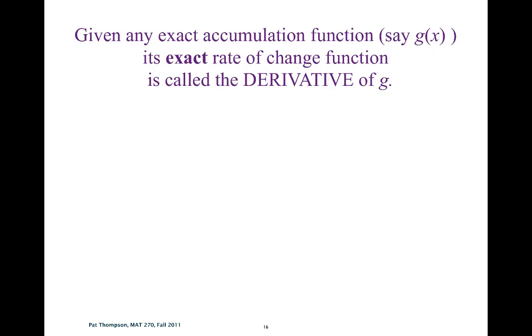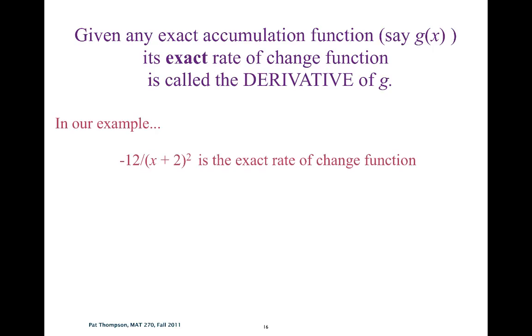Why? Because we derived it from g: g of x plus h minus g of x over h, right? But rate of change function is more telling, because it tells us what it is. Derivative just tells us we got it from g. Rate of change function tells us that it's the rate of change.